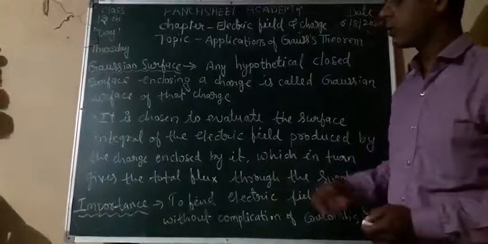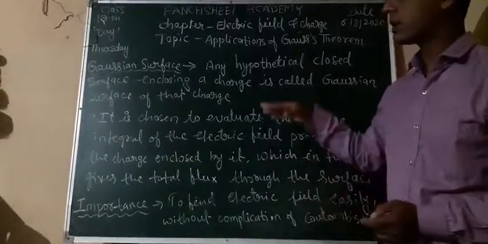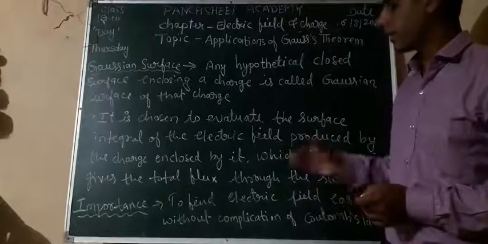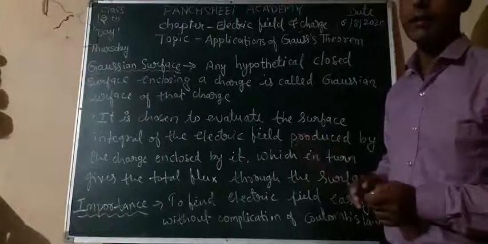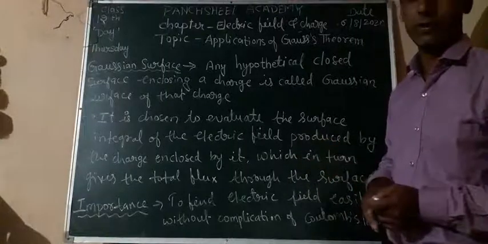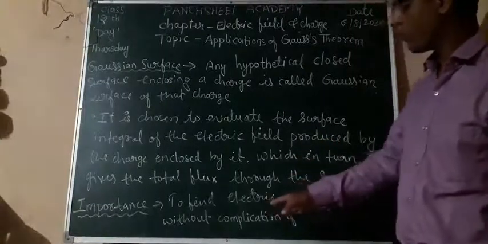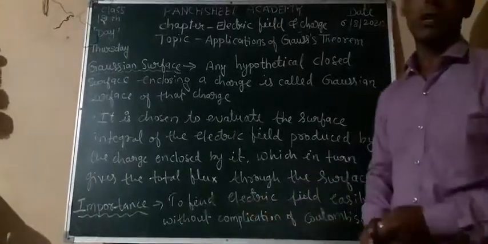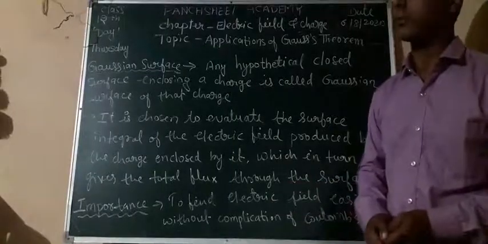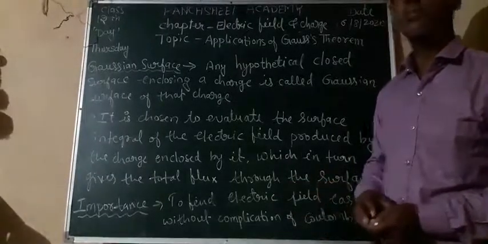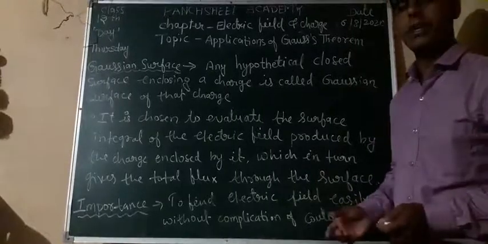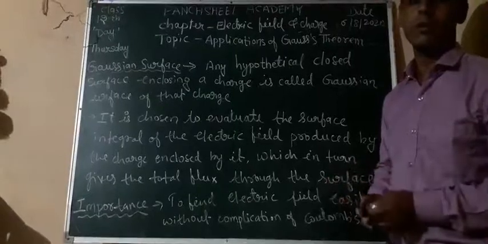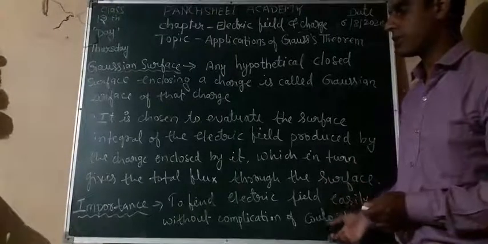So we choose a proper Gaussian surface and find the electric field and electric flux. What is important is to find the electric field easily without complications of Coulomb's law and superposition theorems.